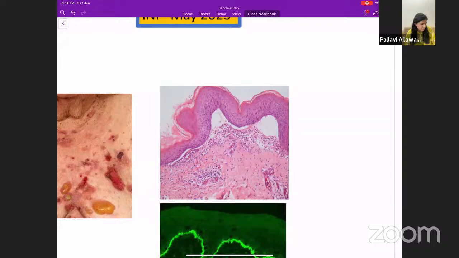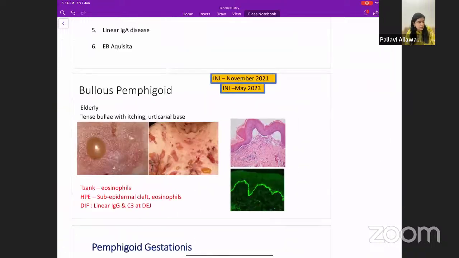Yes, I'm waiting. Tell me a biologic that is used in pemphigus. Rituximab, that is an anti-CD20 drug, is the biologic that is used in pemphigus.